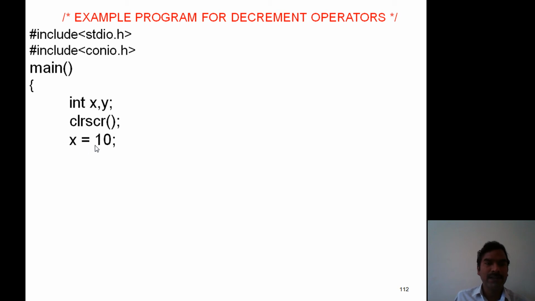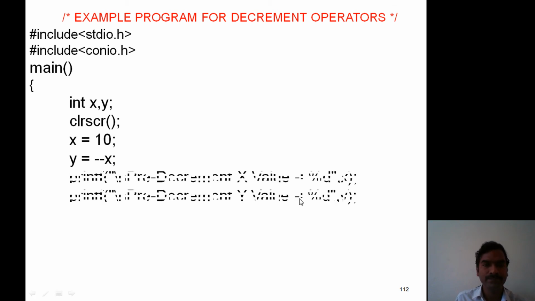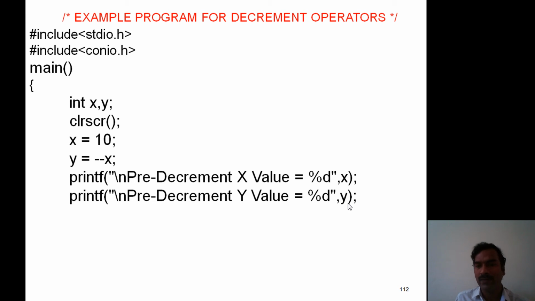So first x is initialized with 10. Now the operation y = --x. This one is pre-decrement operation. Hence first decrement the operand value by 1. Now x reaches 9 and then the value is assigned to the variable. So x value becomes 9 and y also becomes 9. Now print x and y values.